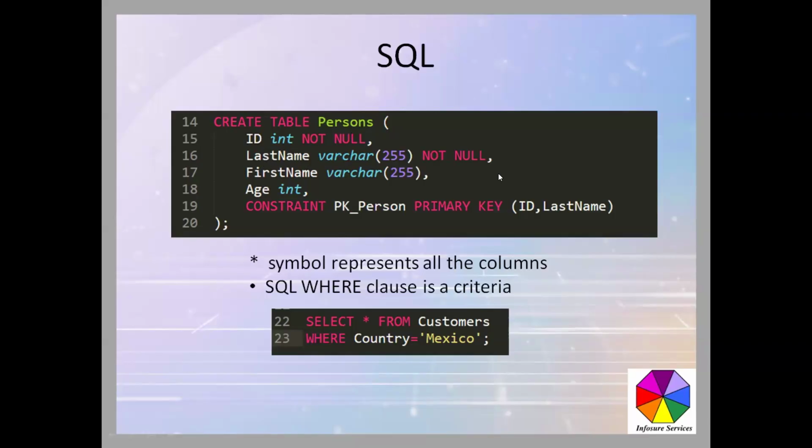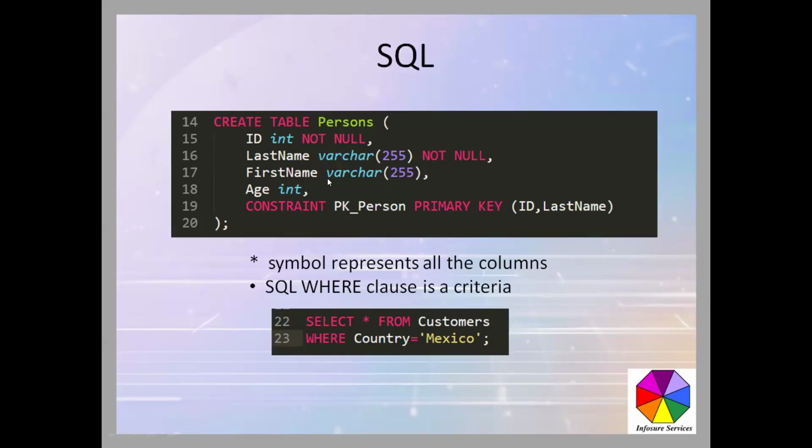What does not null mean? Not blank. You cannot leave it blank. That means you must have a value. If you don't have a value, the record will not be inserted. So it's a constraint, it's a rule. This column cannot be left blank.